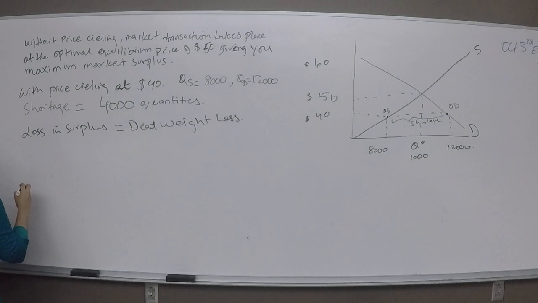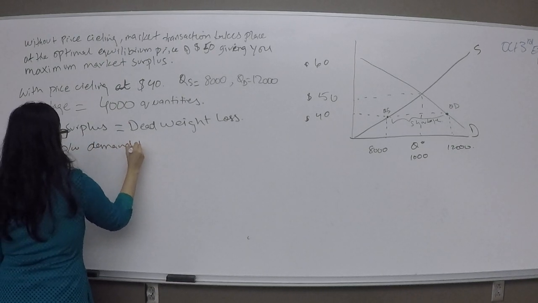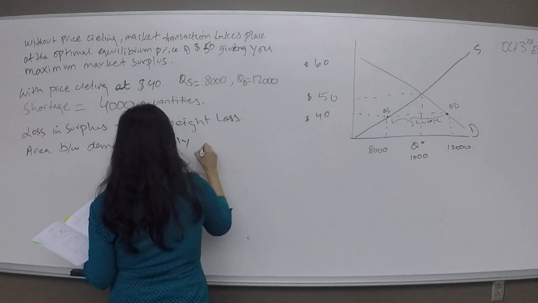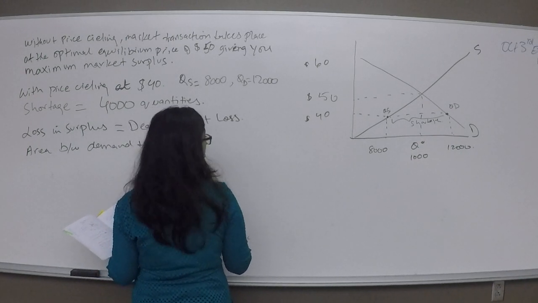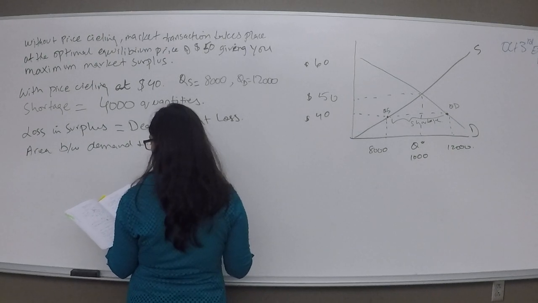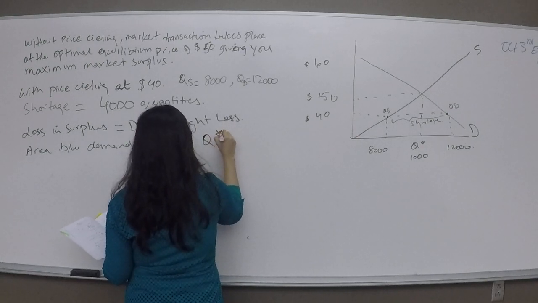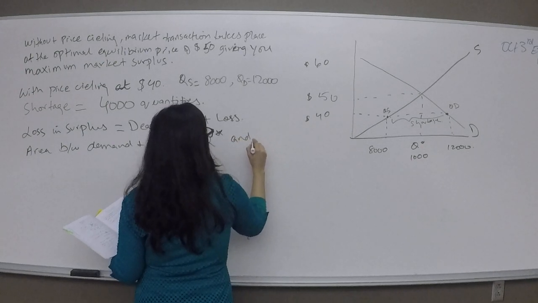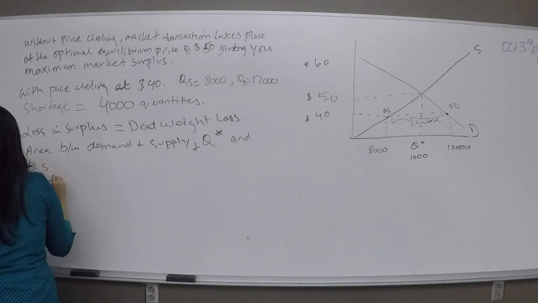Calculating the deadweight loss is the area between demand and supply and quantity Q star and QS.